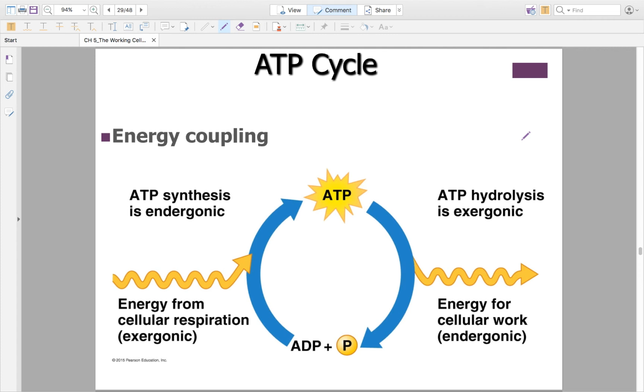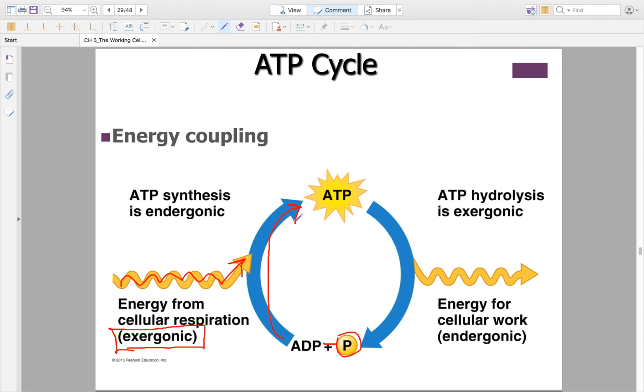It's completely perfect because all of the exergonic reactions that release energy provide the amount of energy required to connect this loose phosphate back to the ADP, making ATP.